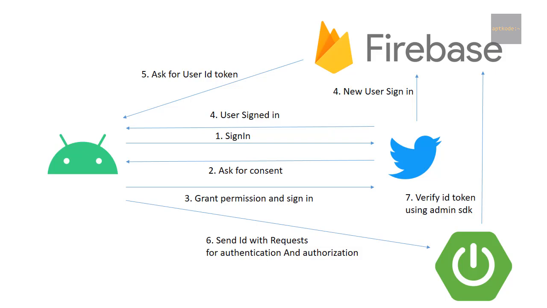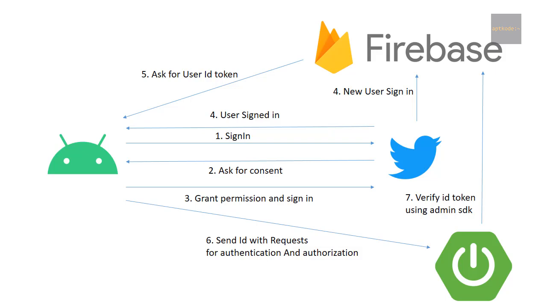In step 5, the client SDK can ask for the user ID token and send it with the request to the Spring backend. In the backend, we can use the Firebase Admin SDK to verify the ID token and verify that the user is authenticated and authorized.